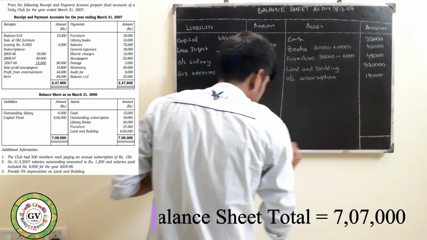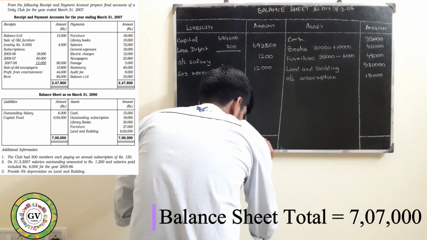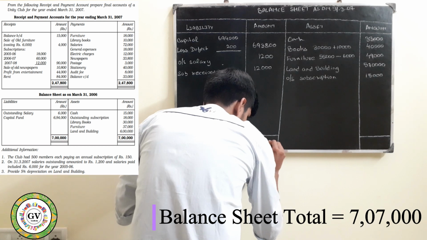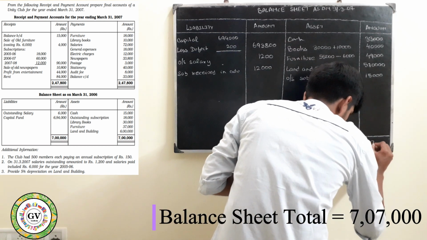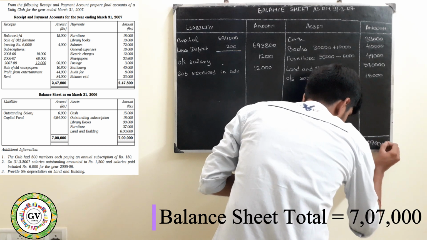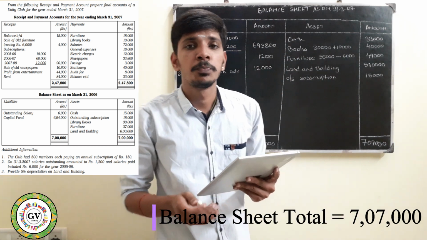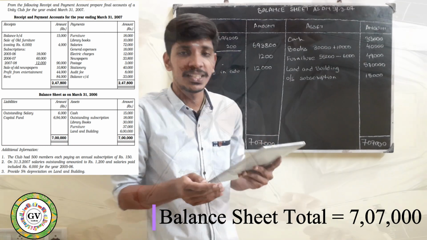With this, the balance sheet total comes to 7,07,000. As both the assets and liabilities match, our answer is correct.